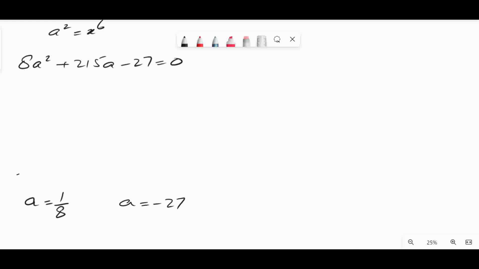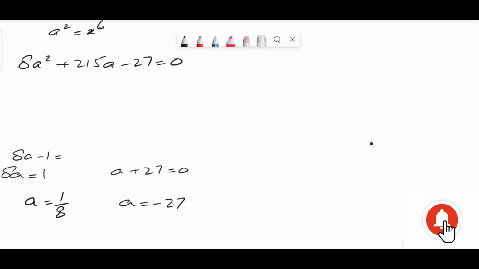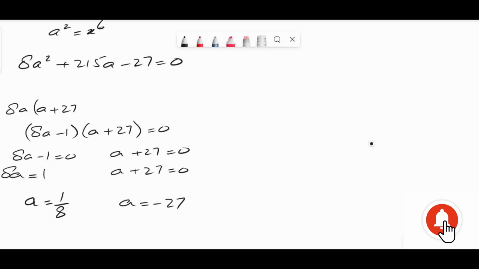So we can write 8a equals 1, and here a plus 27 equals 0. From here we can write 8a minus 1 equals 0, and a plus 27 equals 0. Further we can write it in factor form: 8a minus 1 into a plus 27 equals 0. So we write 8a into a plus 27, and minus 1 into a plus 27.